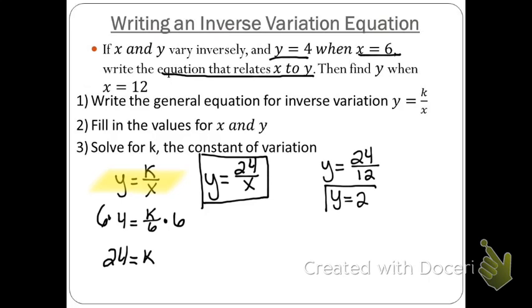So using that constant of variance that related this particular x to this particular y, we got y equals 24 over x. And then using that, when we changed our x value, we could see what our y value would become. In that case, we have this y value of 2.